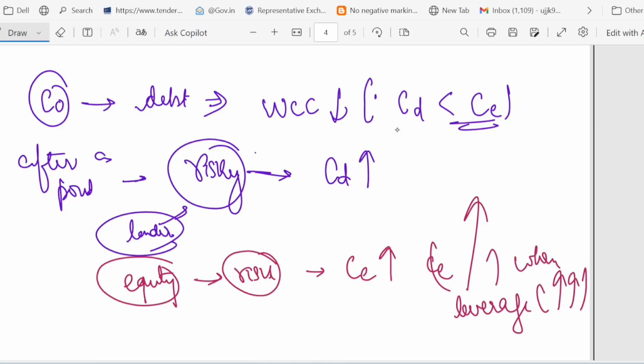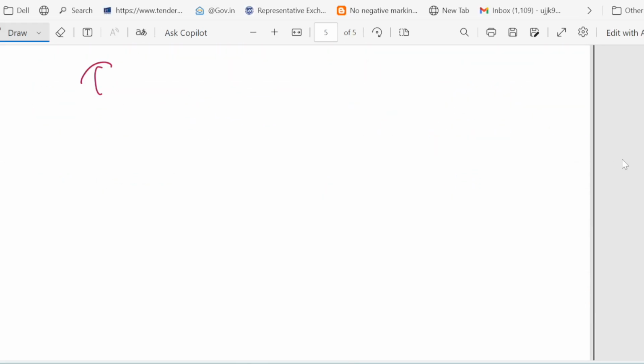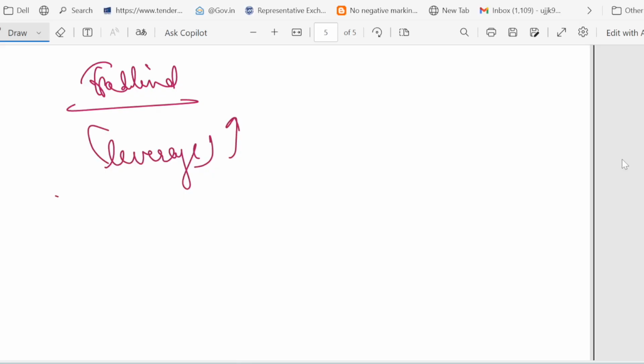So according to this approach, we are talking about the traditional approach. This approach says that as leverage increases, right? What is the meaning of leverage? Debt.